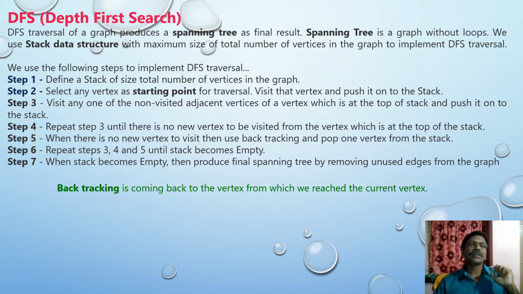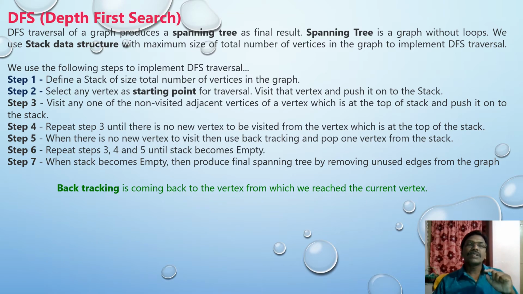DFS traversal of a graph produces a spanning tree as the final result. It means visiting all the nodes without creating a loop at the time of traversal, the graph produces the final result. A spanning tree is a graph without loops.